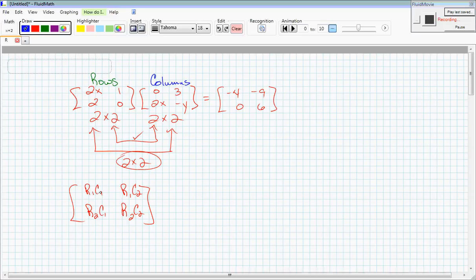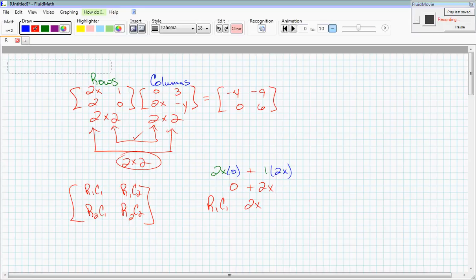So to get the element in row 1, column 1, we take the first row of the first matrix, which is 2x and a positive 1, and multiply it by the first column of the second matrix, which is 0 and 2x. Once we've multiplied these, we add their products. Sorry, that would be 0 plus 2x, which is just 2x. So this is the new element in row 1, column 1.